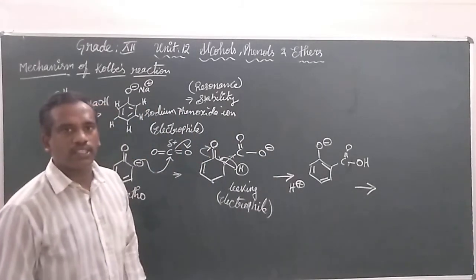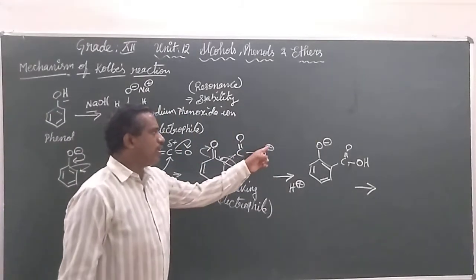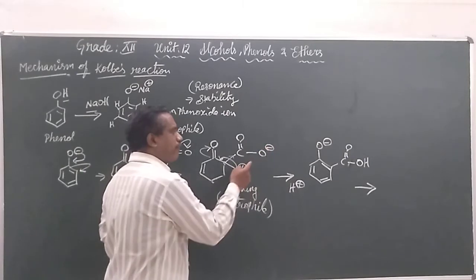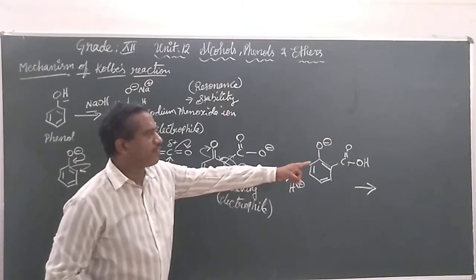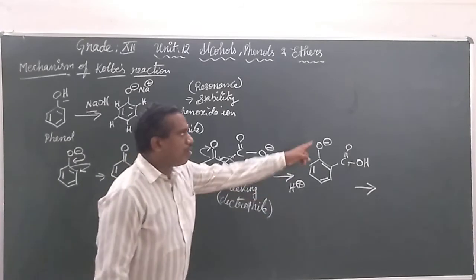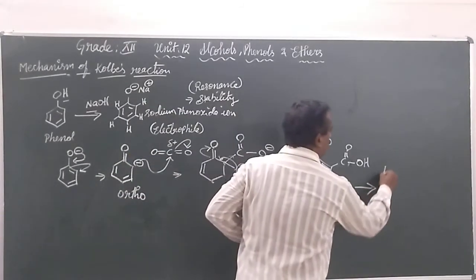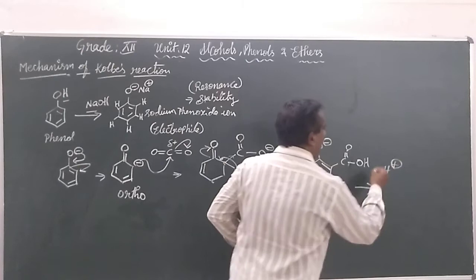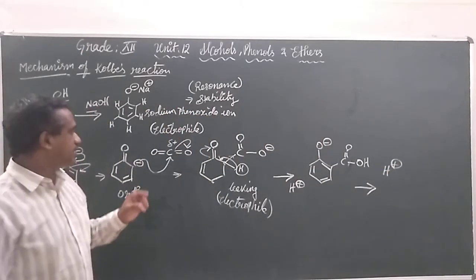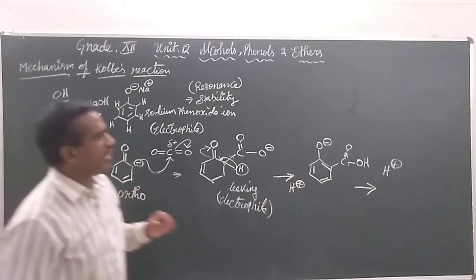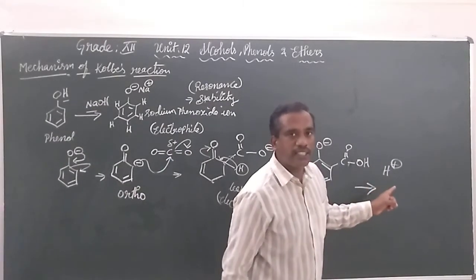It is forming the COOH. See, this negative charge will be given to the H plus ion as it is leaving, and that will take up that hydrogen. Now the remaining negative charge present on the phenoxide, as we discussed in the starting, after adding carbon dioxide, we will be adding the H plus ion.